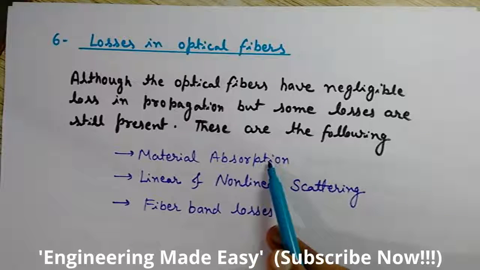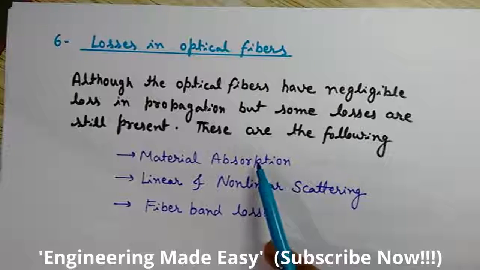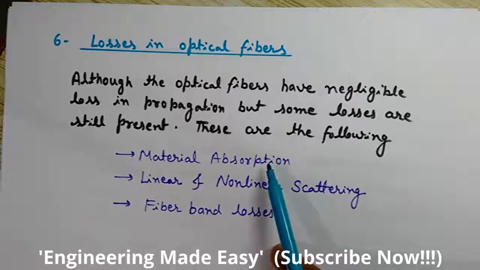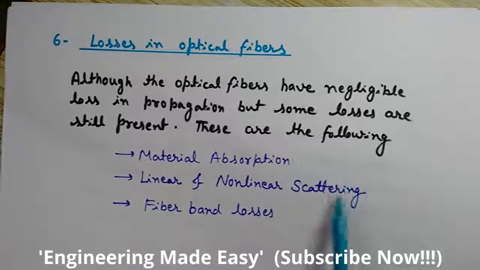Material absorption: the material used in the construction of optical fibers absorbs some light energy. And linear and non-linear scattering of the light rays also takes place. Then the third one is fiber bend losses.